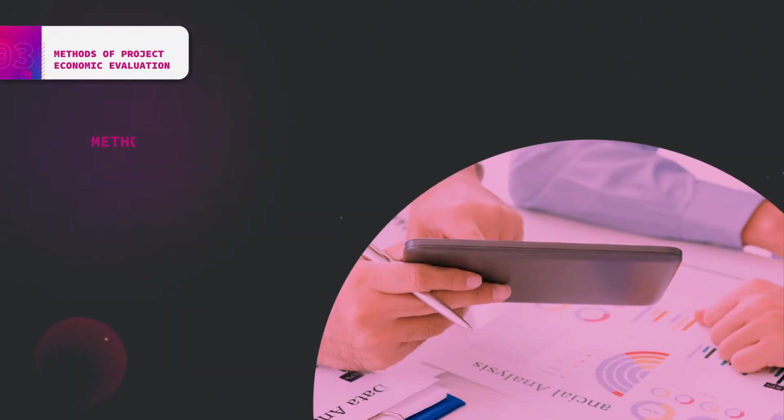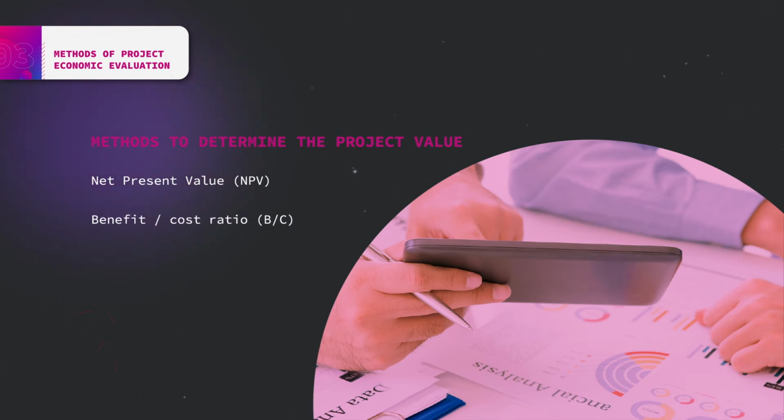Three interrelated methods to determine the project value can be used for projects' investment evaluation, taking into account the discount rate: net present value, or NPV, benefit and cost ratio, or B&C, internal rate of return, or IRR.